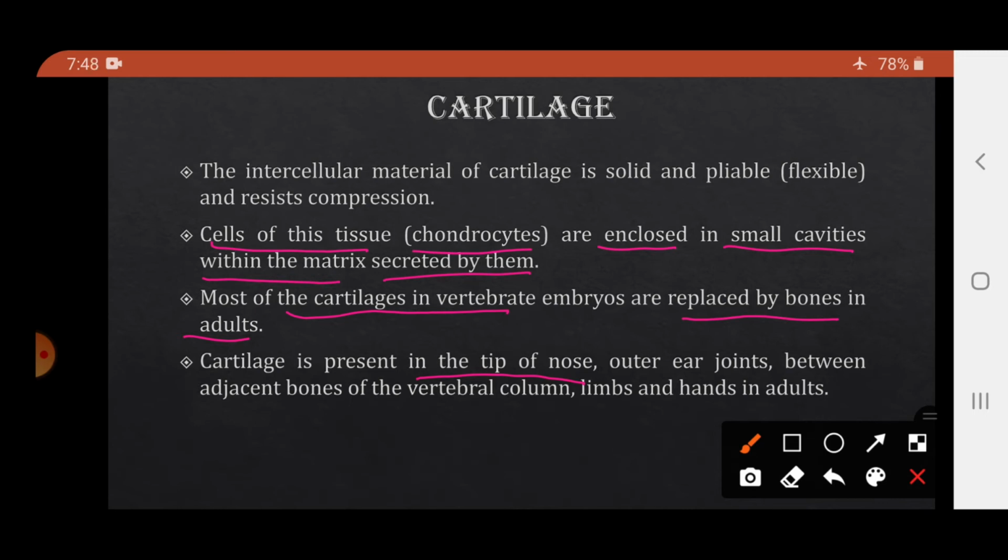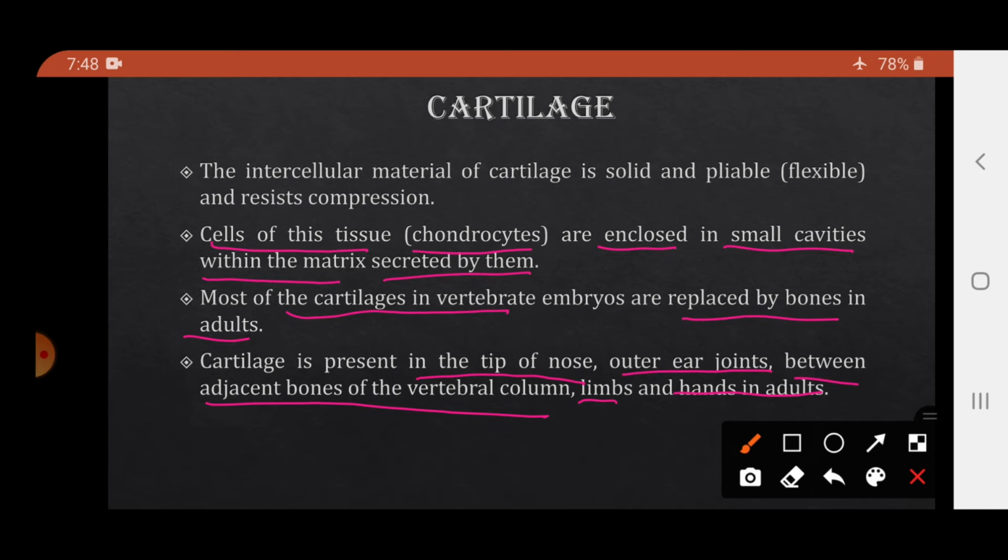So it is present in the tip of the nose, in the outer ear, joints, in between the adjacent bones of the vertebral column. Vertebral column में vertebra होते हैं, right? ये vertebra के बीच में intervertebral disc होती है जो किसकी बनी होती है? It is made up of the cartilage. It is also present in limbs and hands in the adults. So these are the places where cartilage is present.